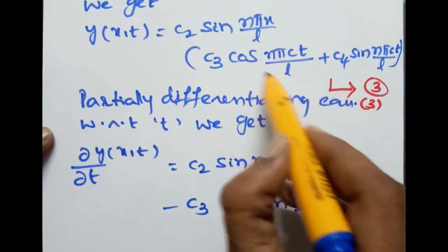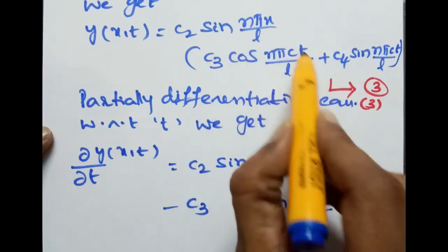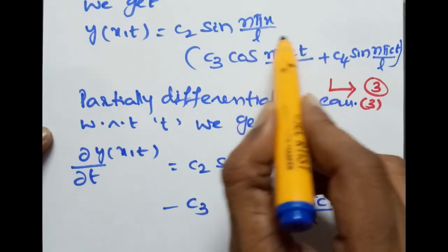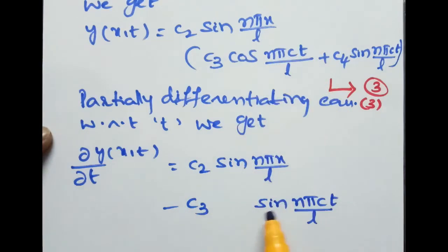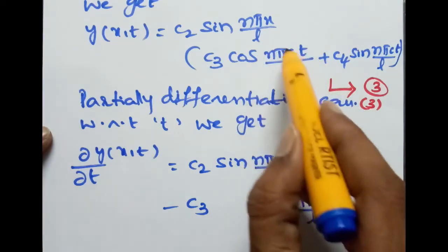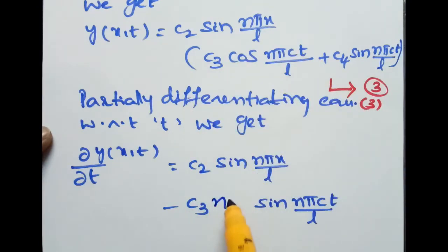Again we need the derivative of n pi ct by L, since it is a composite function: here we have two functions, one is cos and another one is an algebraic function. So we completed the derivative of the trigonometric function. Now we have to differentiate the algebraic function n pi ct by L with respect to t. n is constant, pi is constant, c is constant, L is constant. Derivative of t is 1.